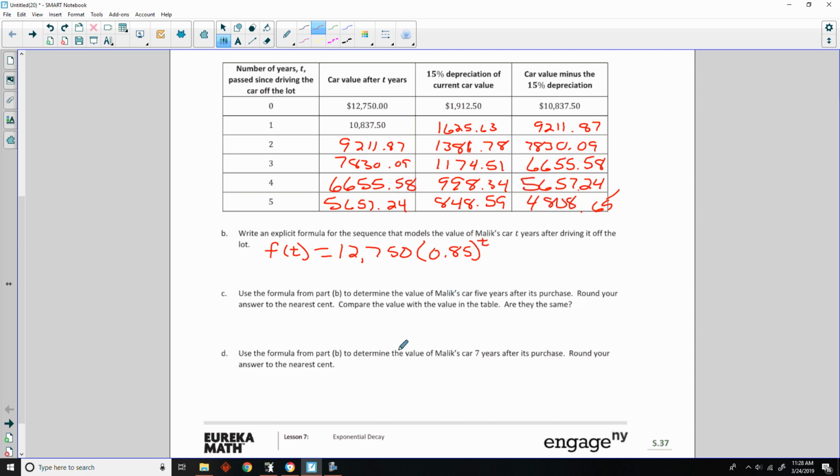So C says to use the formula from part B to determine the value of Malik's car 5 years after its purchase. Round your answer to the nearest penny. So that would be f of 5 equals 12,750 times 0.85 to the 5th power.